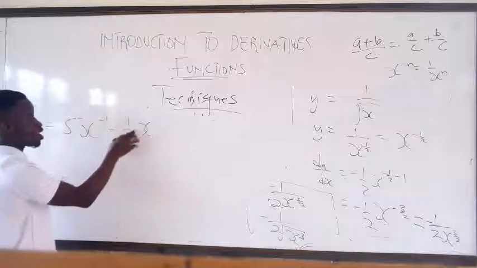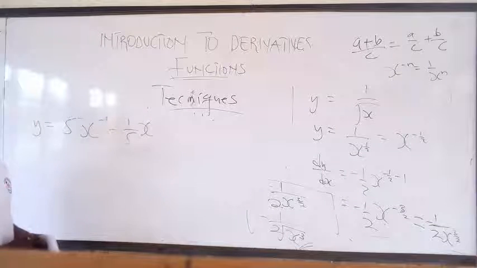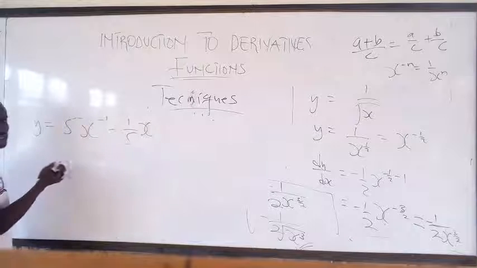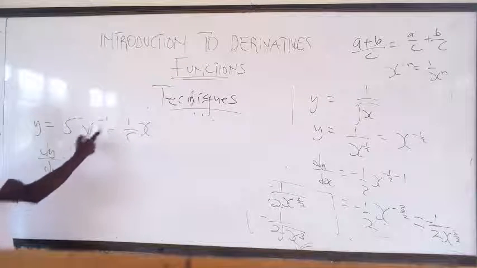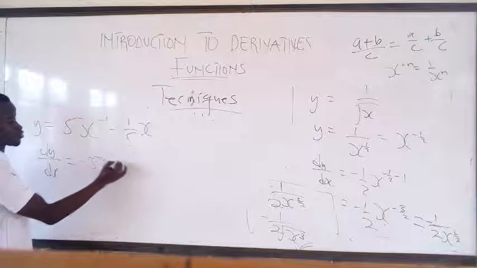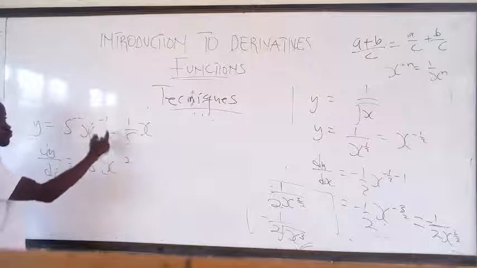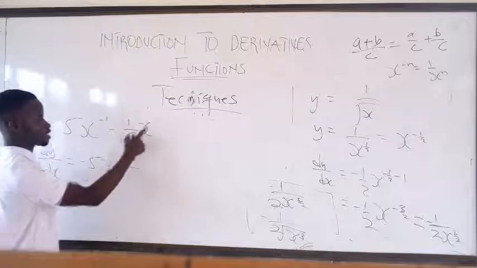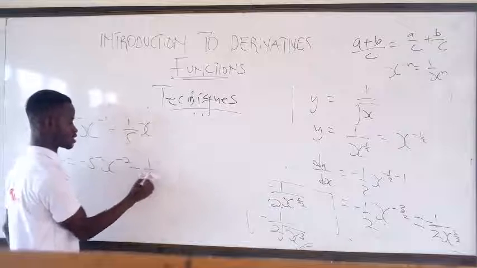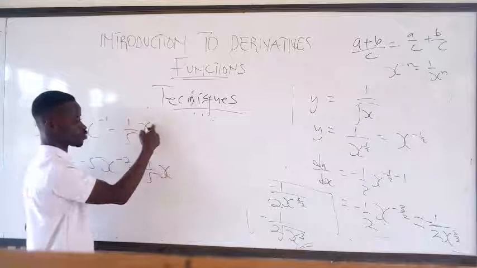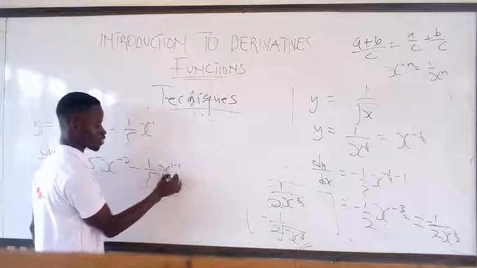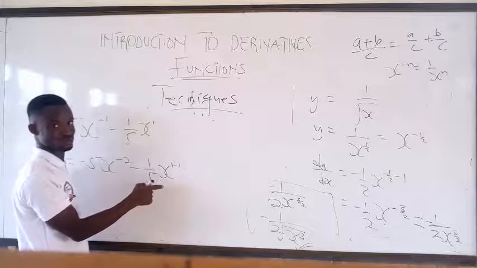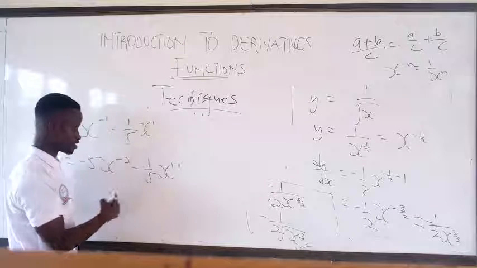So we can just conclude that dy/dx is going to be negative 5x to the power... because you subtract 1 from this, so you get negative 2 minus 1, multiplying this. You get the same thing, then you subtract 1 from this. Bear in mind, 1 is there already, so it will be 1 minus 1, which is what? 0. You see that? Alright.